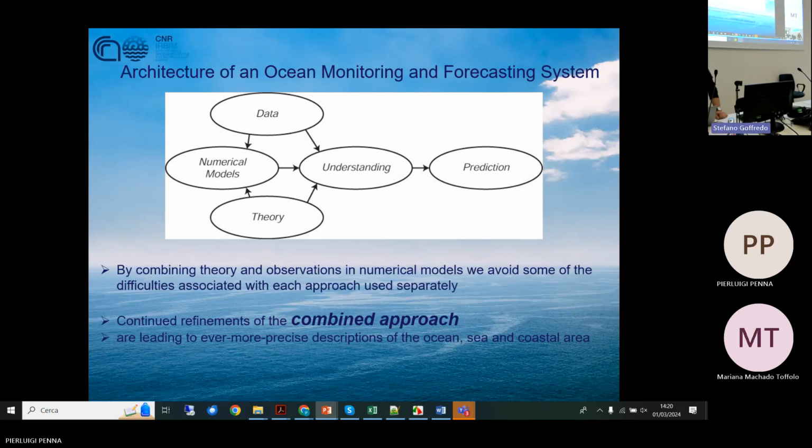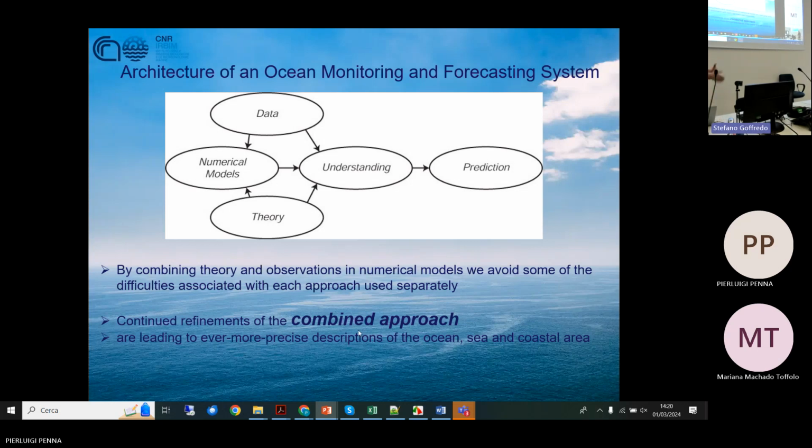By combining theory, observations, and numerical models, we avoid some of the difficulties associated with each approach used separately. Continued refinement of the combined approach is leading to an even more precise description of the ocean, sea and coastal areas.